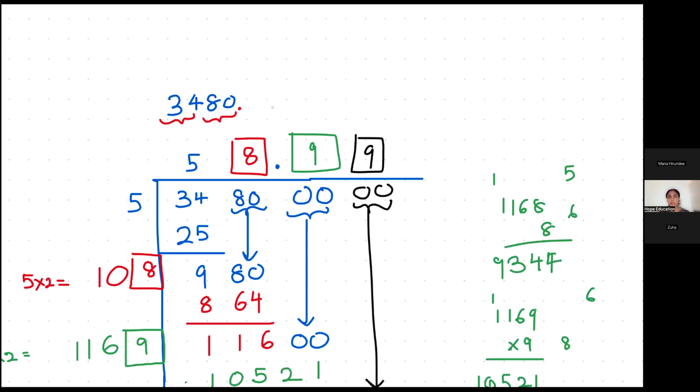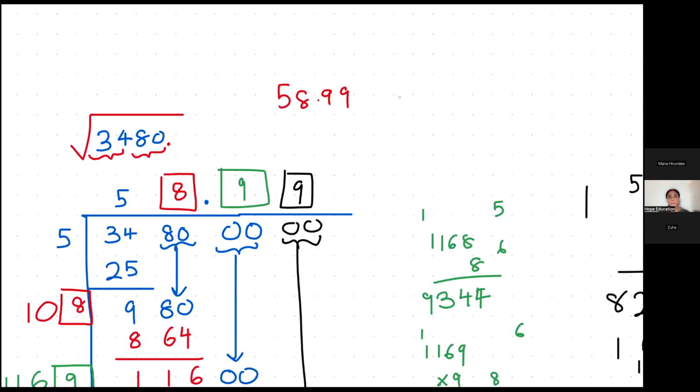Then now your answer is 58.99. How do you round it off to one decimal place? I mean, the 9 again. Can you round this off to one decimal place?